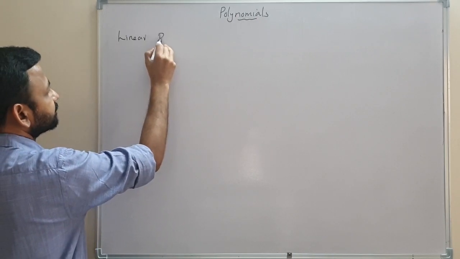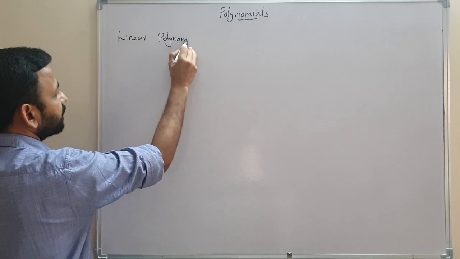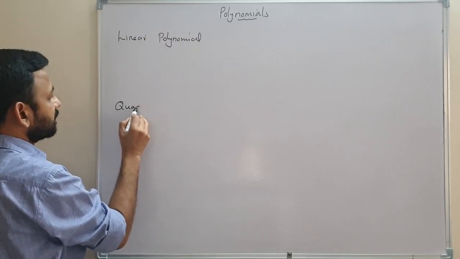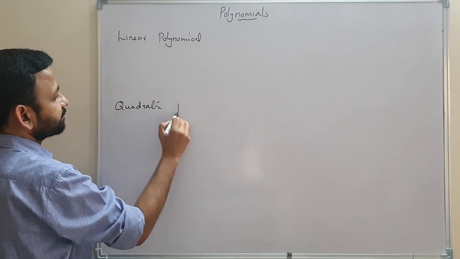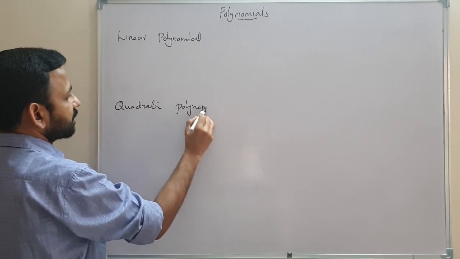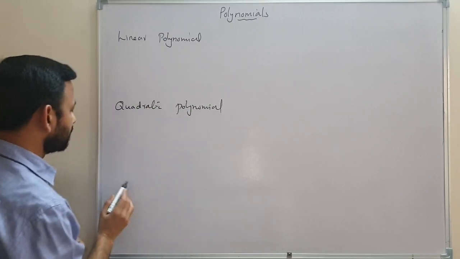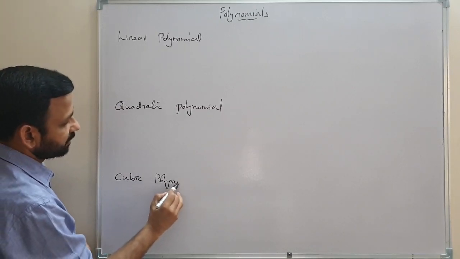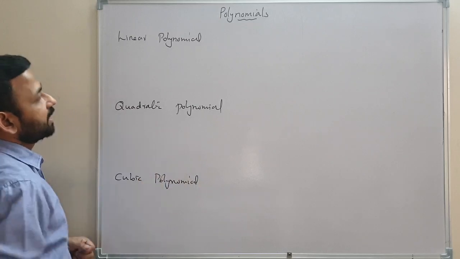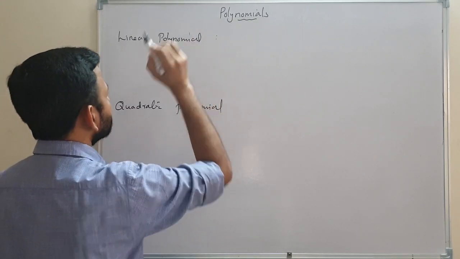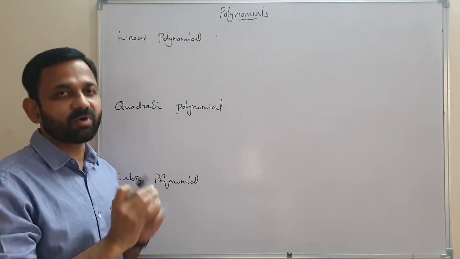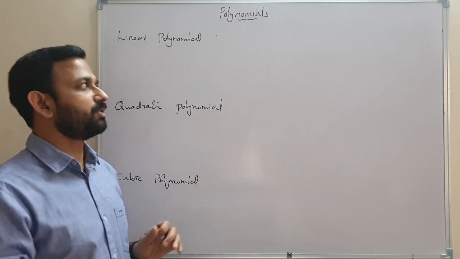The first one is the linear polynomial, the second one is the quadratic polynomial, and the third one is the cubic polynomial. A linear polynomial is a polynomial of degree 1, a first degree polynomial.